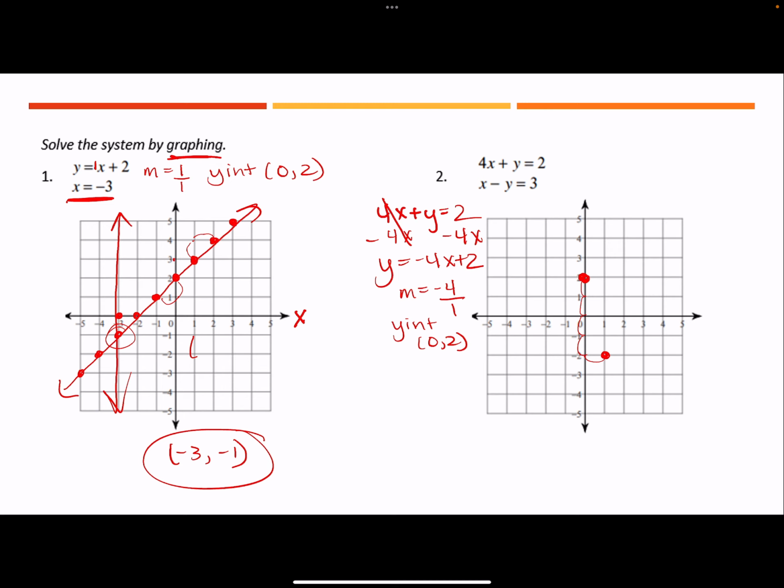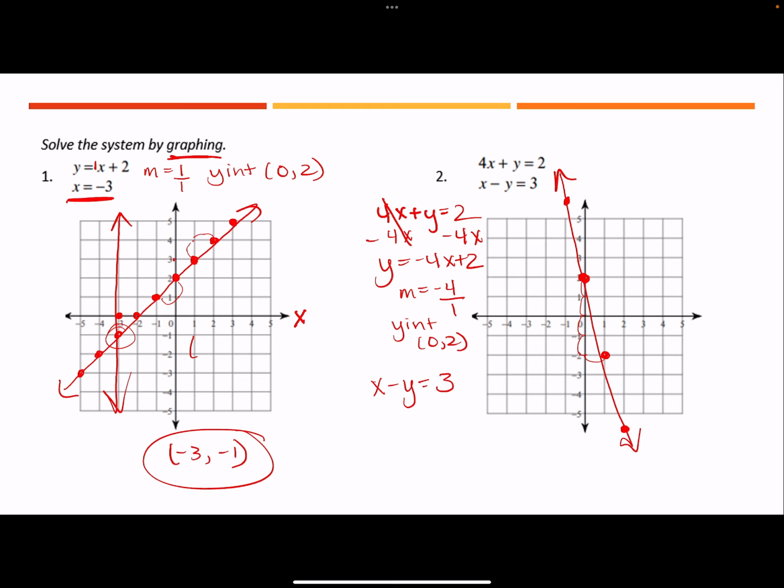I'm actually off the grid here, but it would be kind of there. On the other hand, I could go up 1, 2, 3, 4, and over 1. That's also off the grid. But then I can connect these points. There you go.